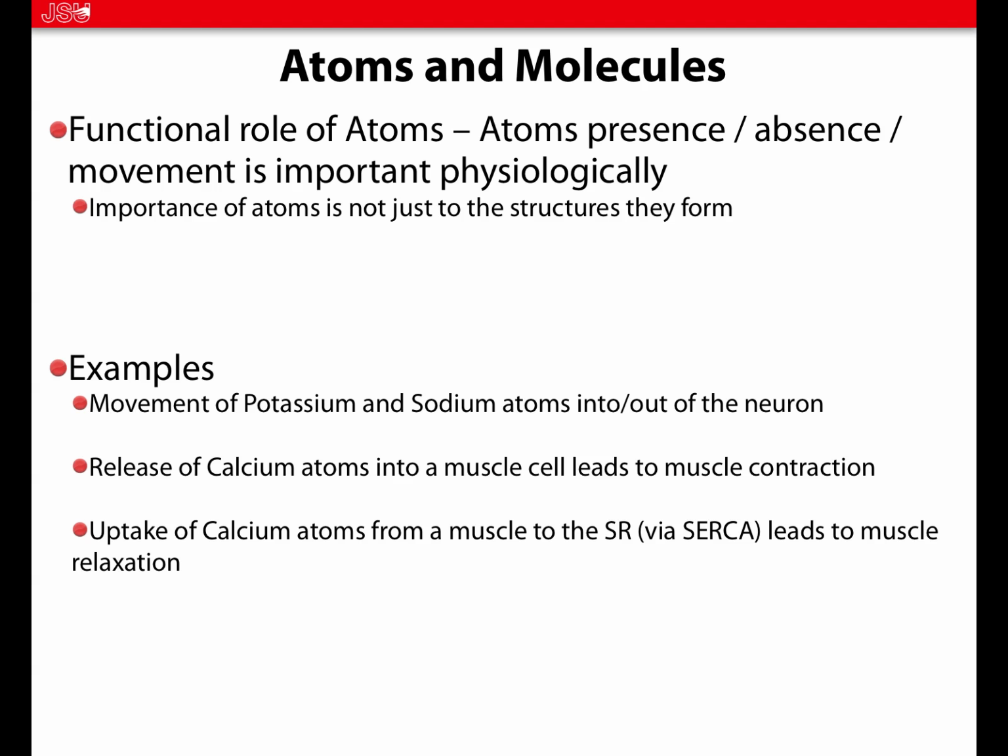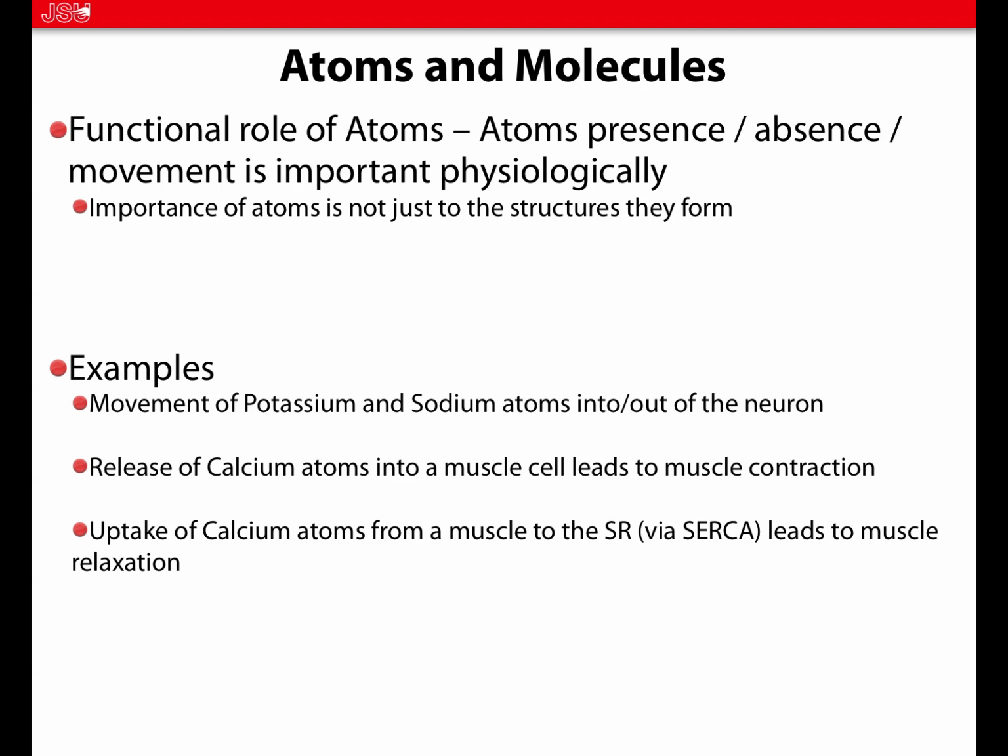Okay, atoms have another function other than being part of structures, and that is a functional role. What do I mean by this? The absence or presence of atoms is important to life. For example, you're an athlete, or even if you're not an athlete, when your muscles contract, you have to have calcium present for muscles to contract.